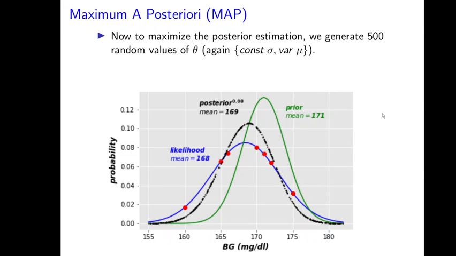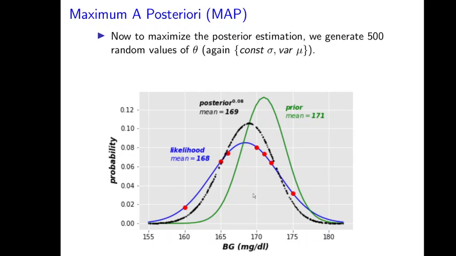And in order to maximize the posterior estimation using the same heuristic or the same approximation procedure, we generate new 500 random values of theta, again with a constant standard deviation and a variable mu over the same data range between the minimum and maximum of our data observations, and merge our random values in the previous equation.